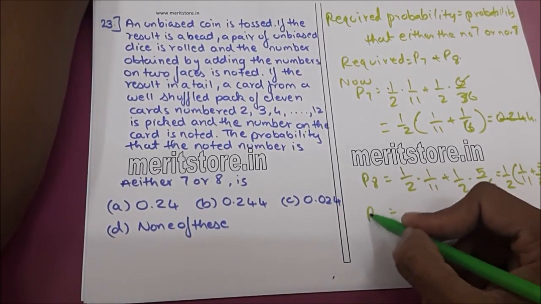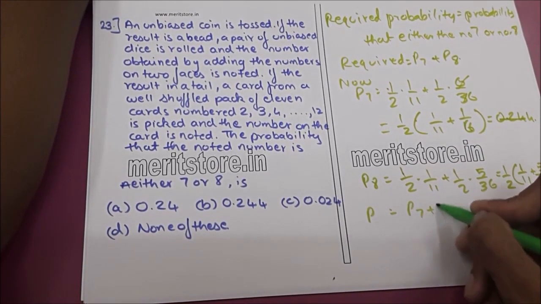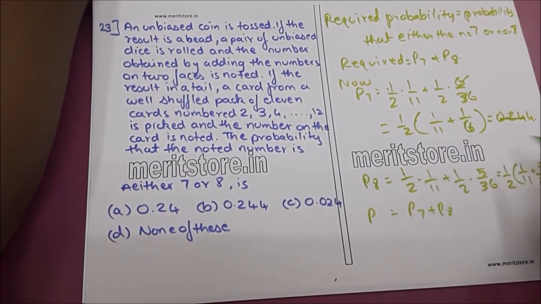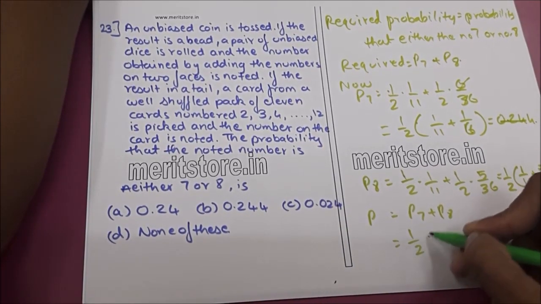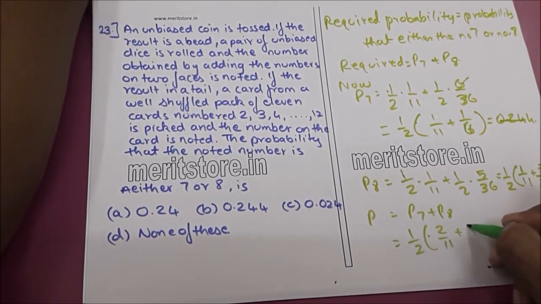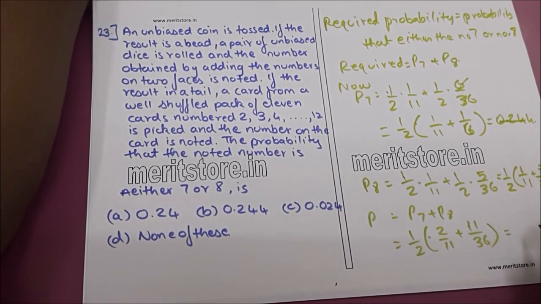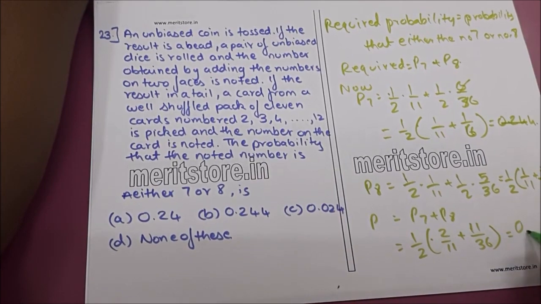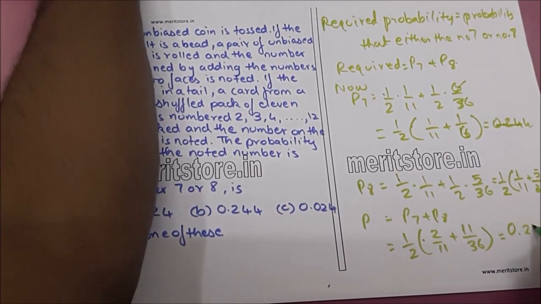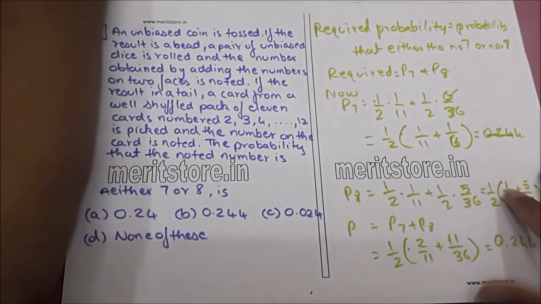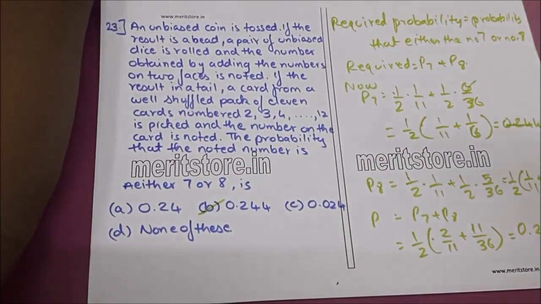So adding P7 and P8, substituting the values of P7 and P8, we get 1 by 2 into 2 by 11 plus 11 by 36. We further solve this, we get 0.244, which is our option B. Option B is the correct answer.